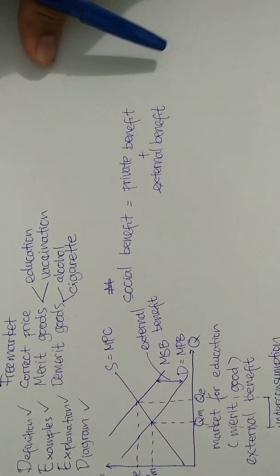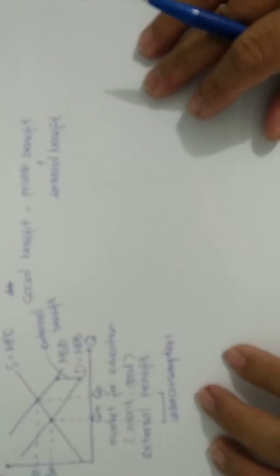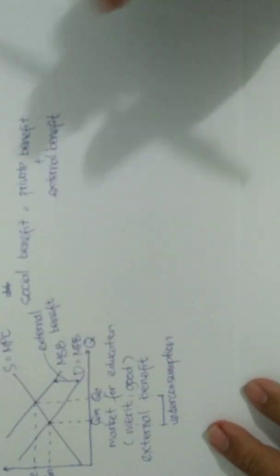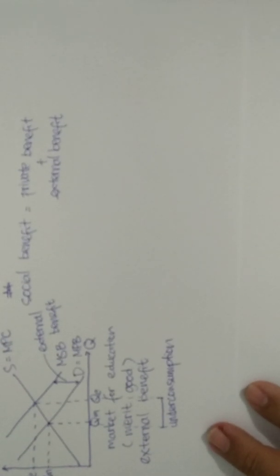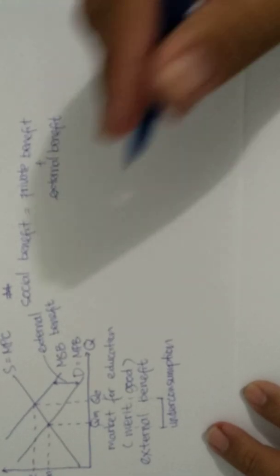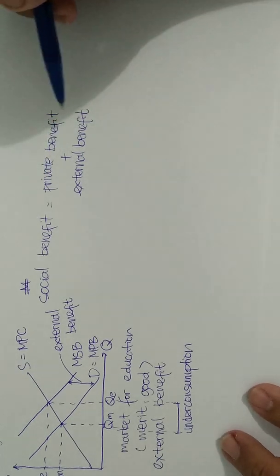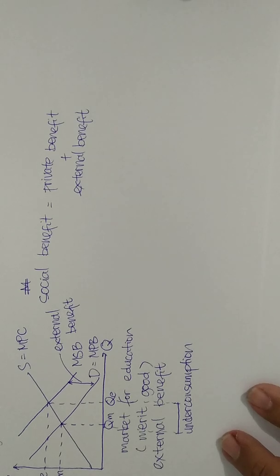Let's move on with demerit good. Okay. Demerit good. Now, if we understand about merit good, it might help you to explain about demerit good. Okay? Now, as you can see here, the social benefit is equal to private benefit plus external benefit. What about the social cost?